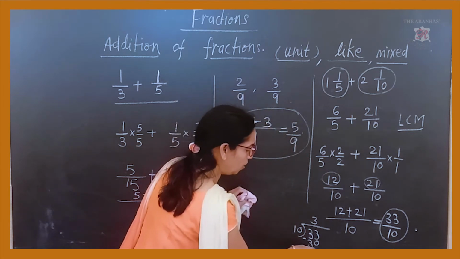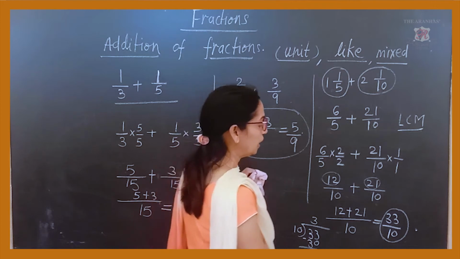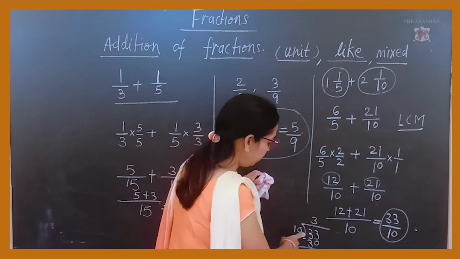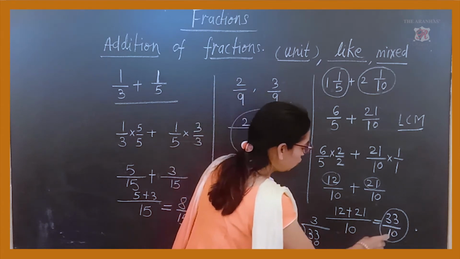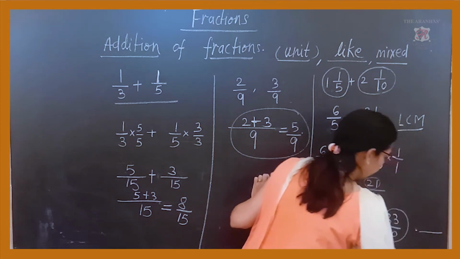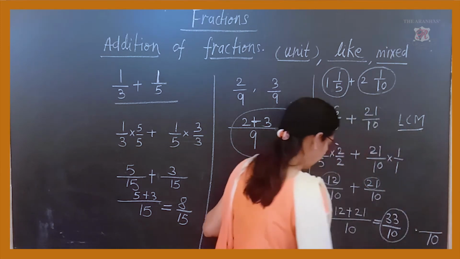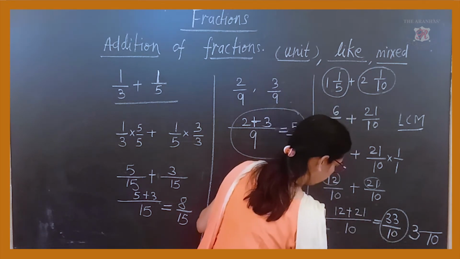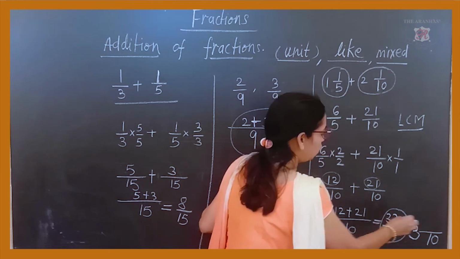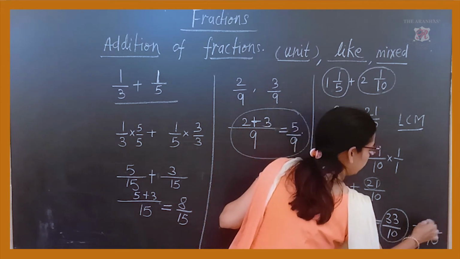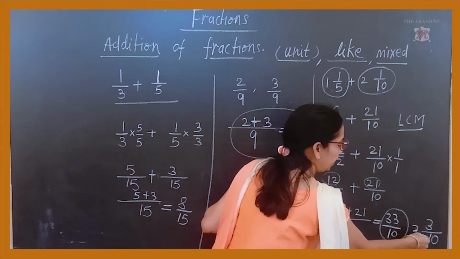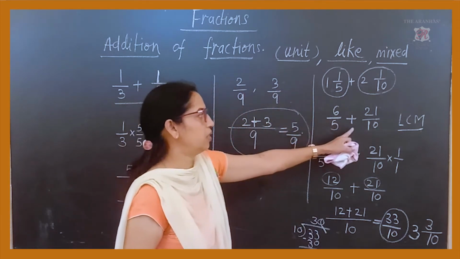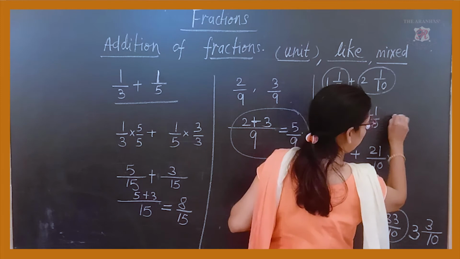While writing the answer, we keep the denominator as it is, the quotient we write as the whole number, and the remainder goes in the numerator. So the answer you will get is 3 integer 3 upon 10.